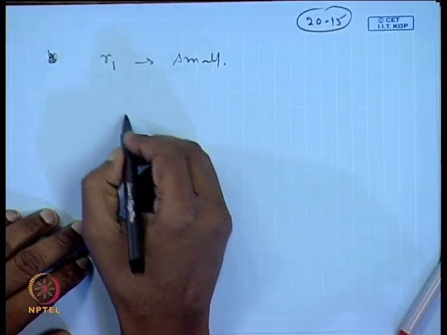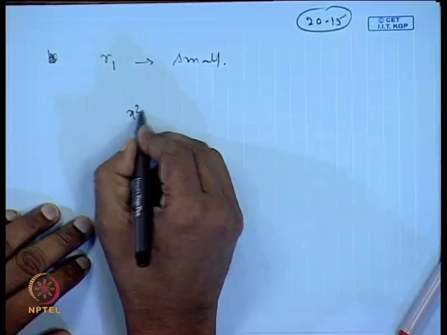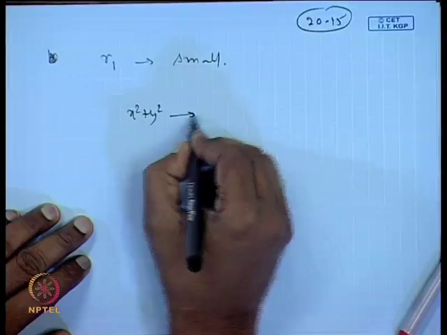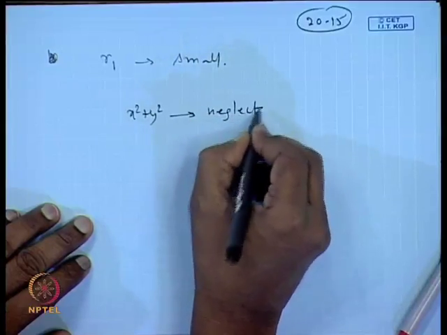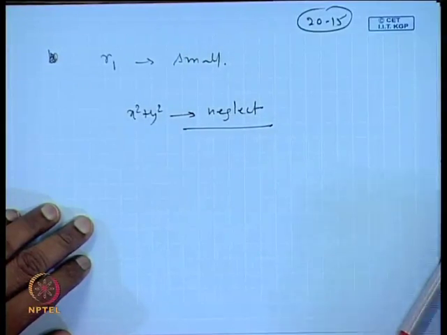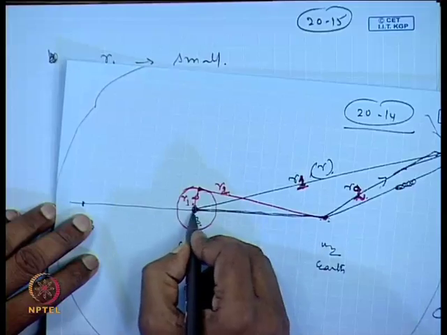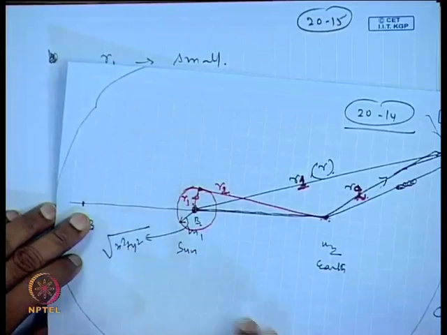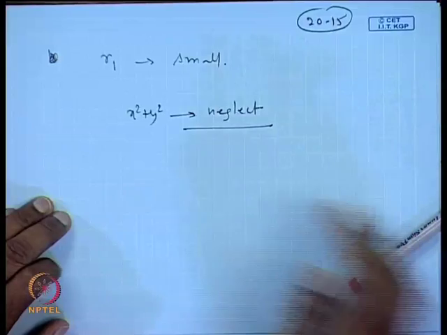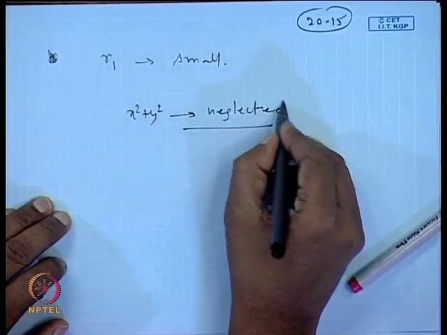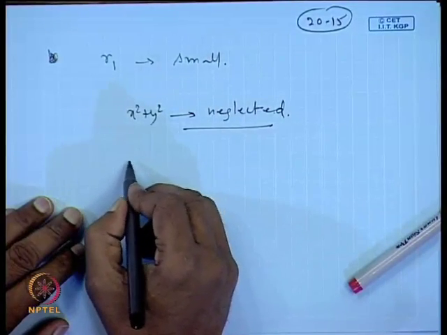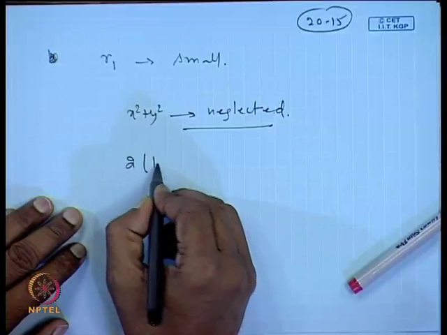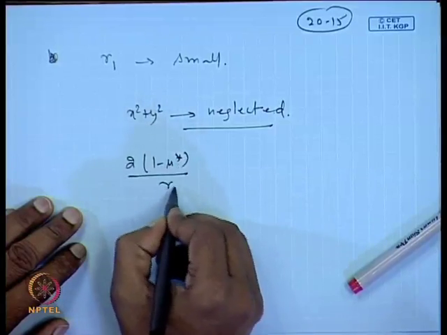So, if R 1 is much less than the unity value, it means x square plus y square we can neglect, because this distance is also x square plus y square under root. Okay, so, this can be neglected and therefore, what we get is 2 times 1 minus mu star divided by R 1.